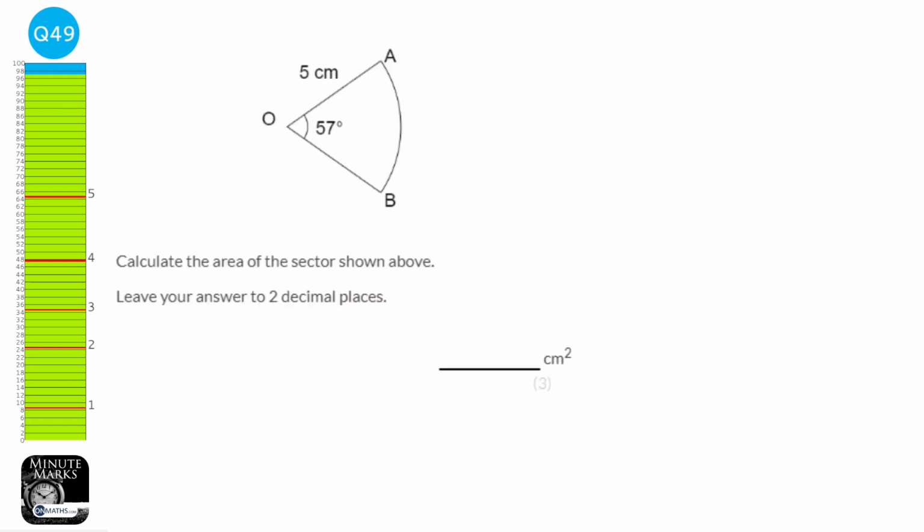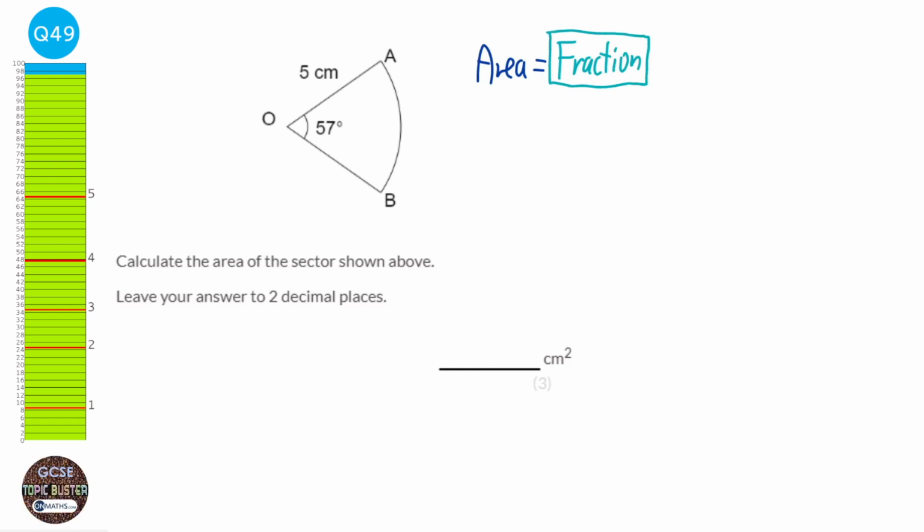To work out the area of this sector, there is actually a nice little formula that we can use, and I'm just going to show you what the formula means. So the formula is going to be what fraction of the full circle do we have. Okay, so we're going to find out the fraction of the full circle we have, and then we're going to times that by the area of the circle.